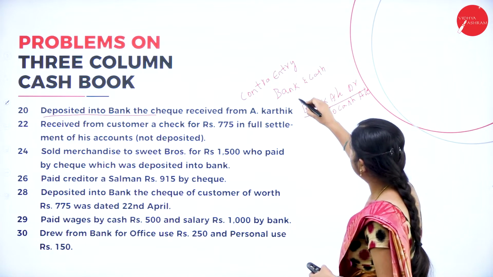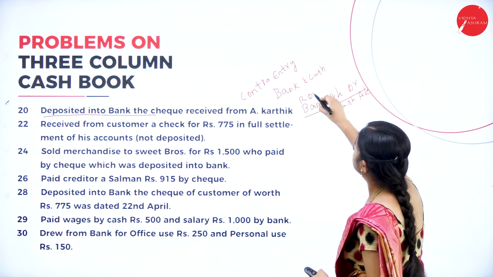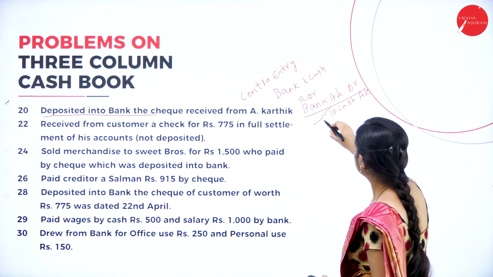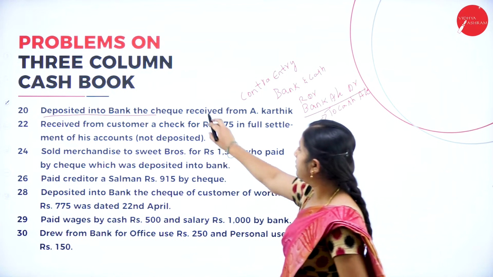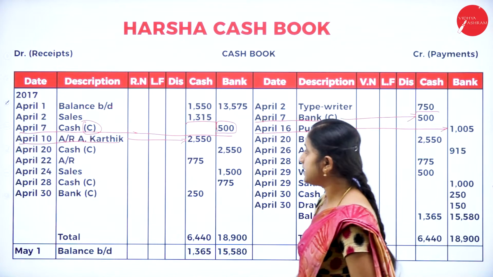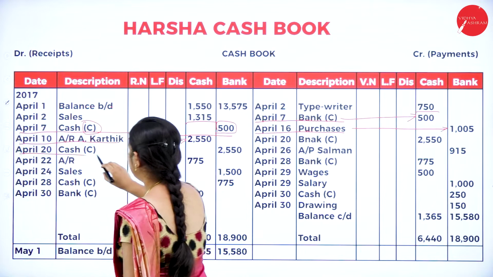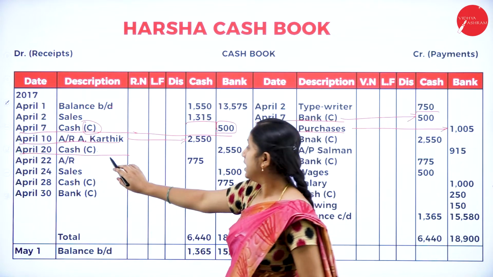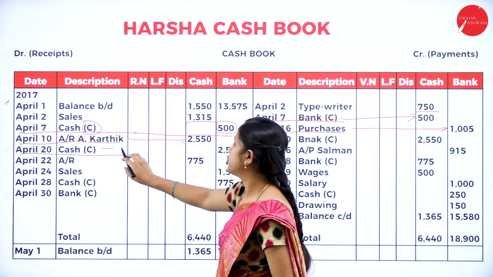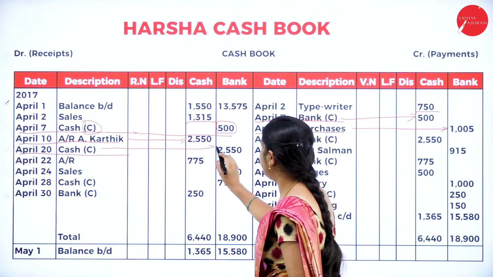So write in the receipt side or debit side, to cash account, on April 20th. This is the contra entry, so write C within brackets. The amount should be written in the bank column.